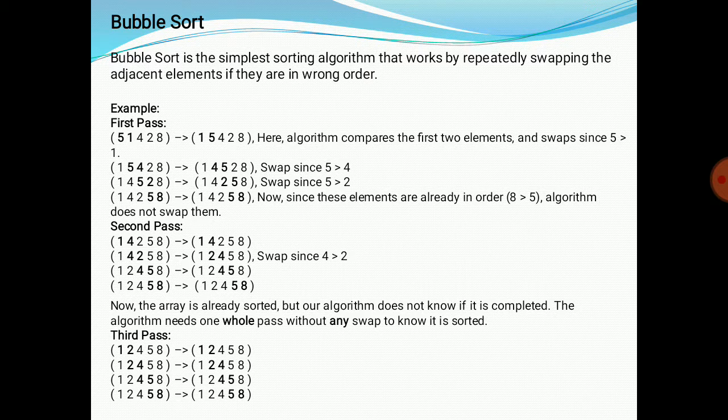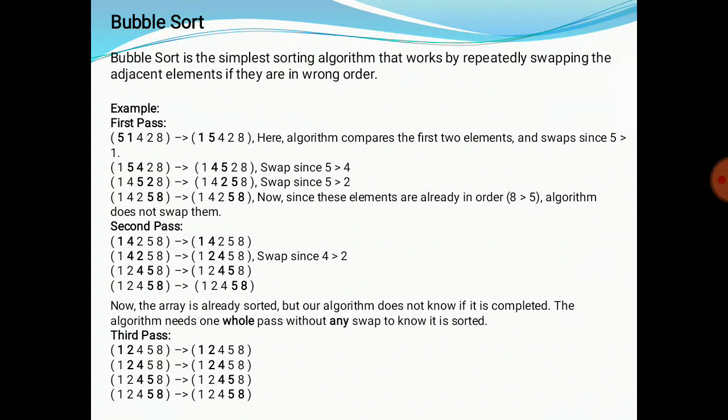Now 5 comes at the third position. Again 5 will be compared with 2. 5 is again greater than 2, so 5 and 2 will be interchanged. Now at last 5 will be compared with 8.